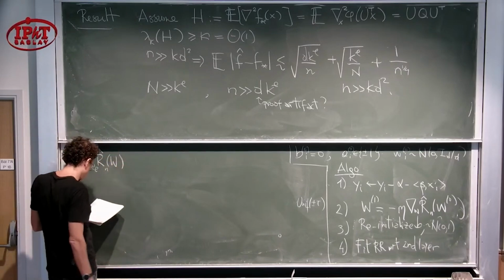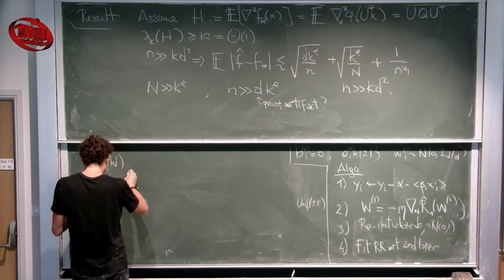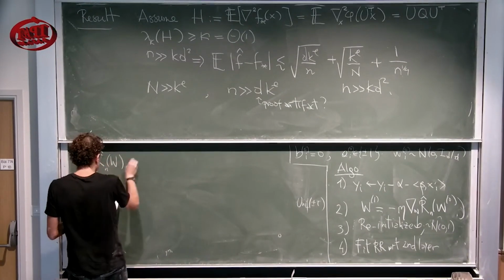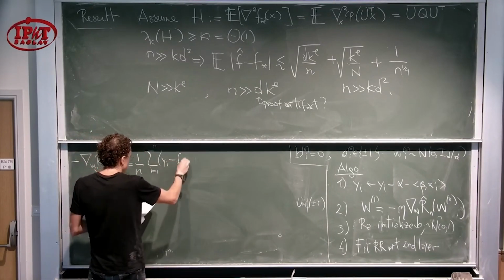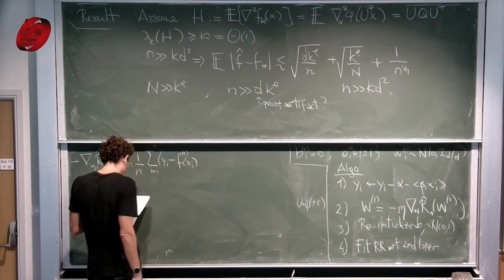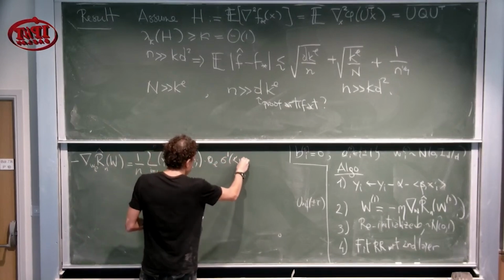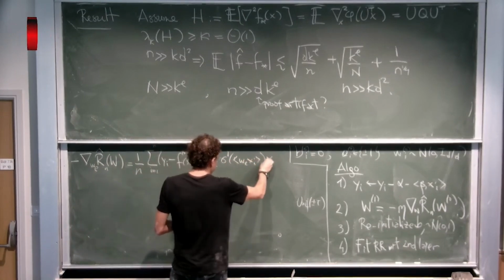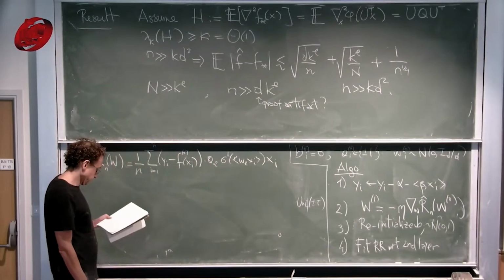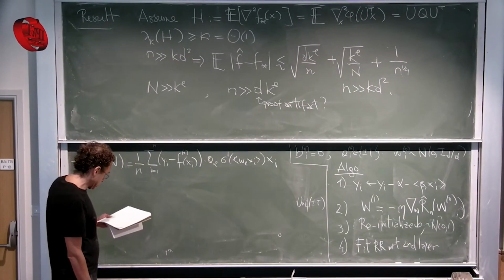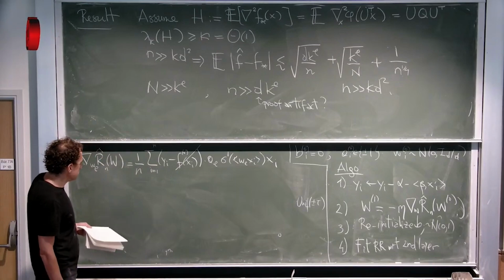This is proportional to what I wrote before. This is exactly what I wrote before. And then this is 0. They set things in such a way that this is 0.